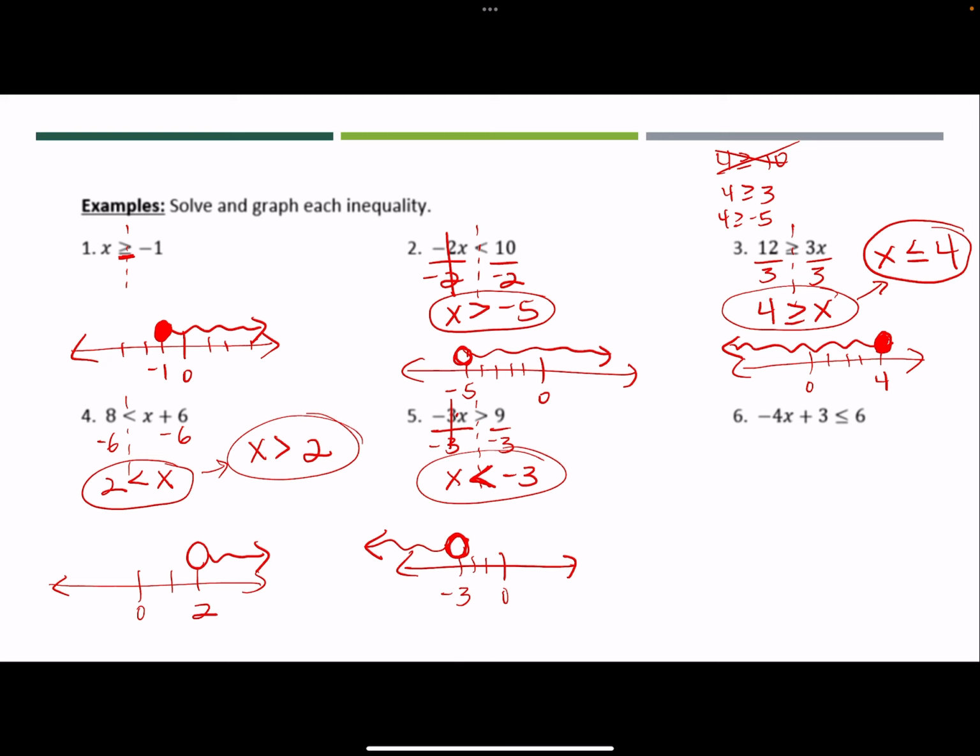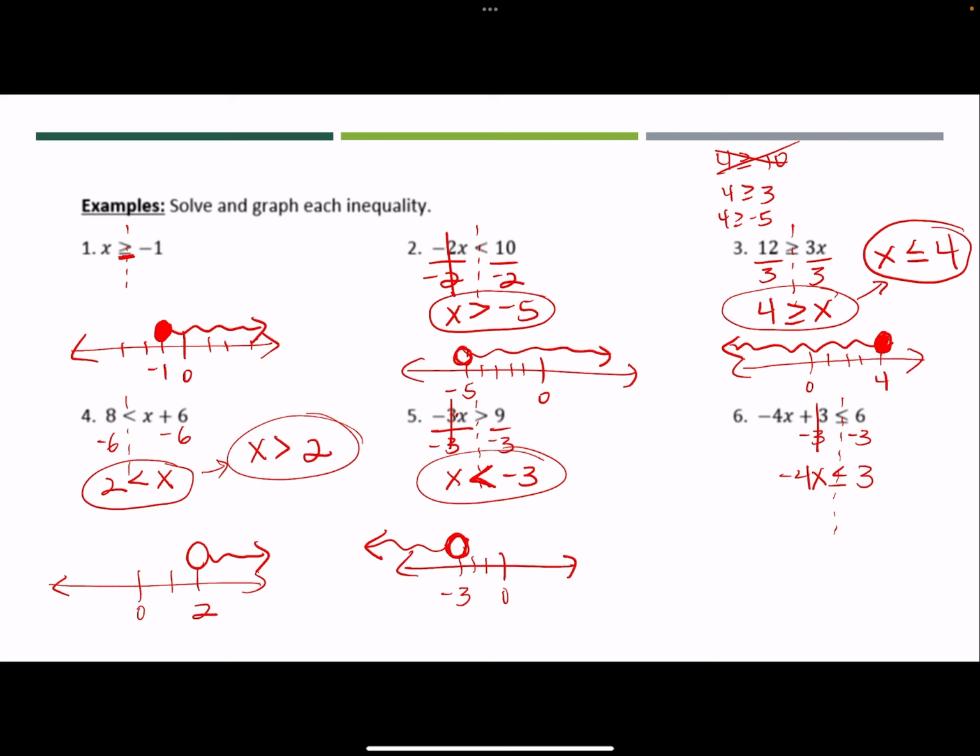All right, number 6. This is a 2-step inequality. So here's my line. Again, remember SAD MAP, I'm doing my addition or subtraction first, and then my multiplication or division. So it's negative 4 times x plus 3. Let's get rid of that minus 3. So I have negative 4x less than or equal to 6 minus 3, which is 3.